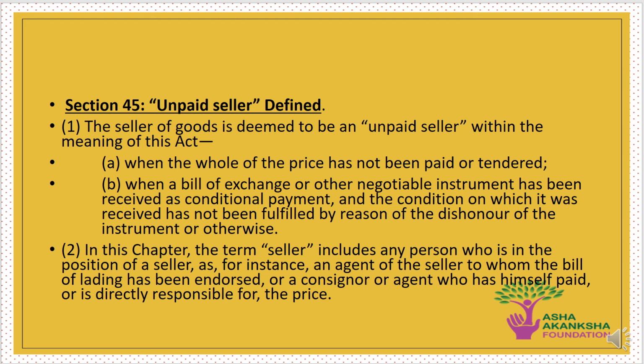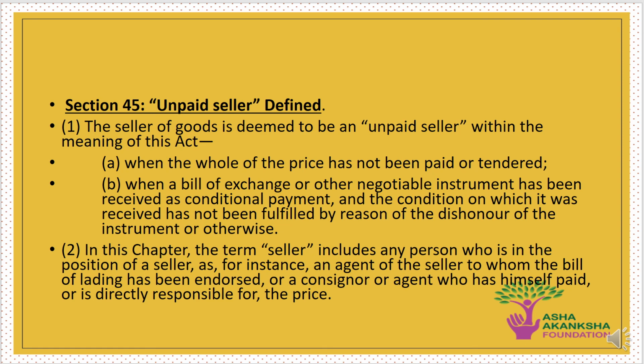Section 45 of the Sale of Goods Act 1930 deals with the definition of the unpaid seller. This section states that, as per clause 1, the seller of goods is deemed to be an unpaid seller within the meaning of this Act when: A. When the whole of the price has not been paid or tendered.